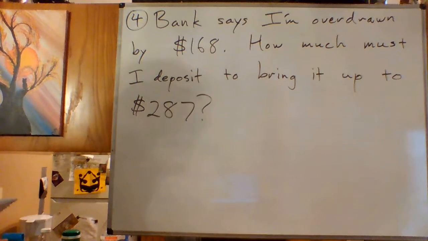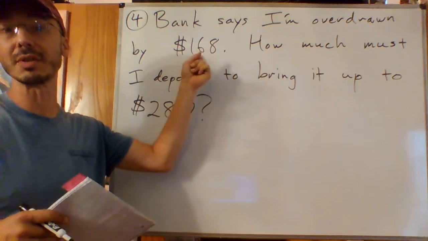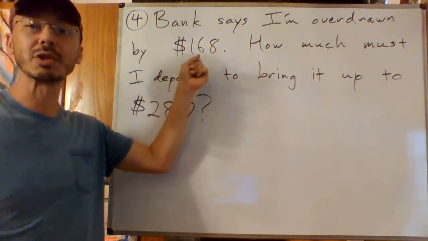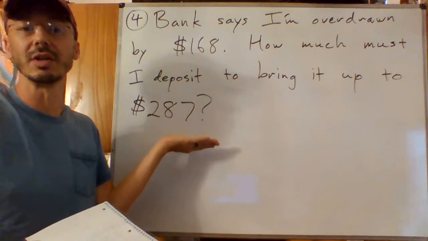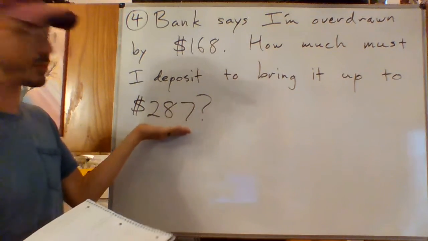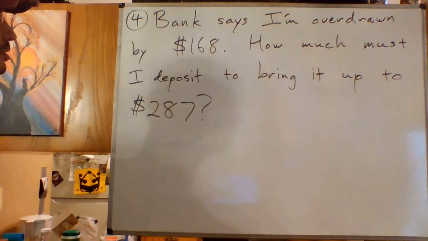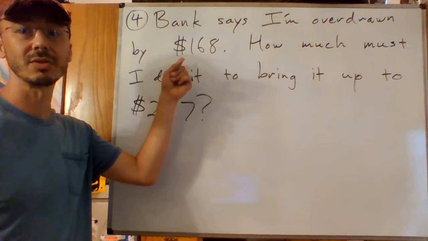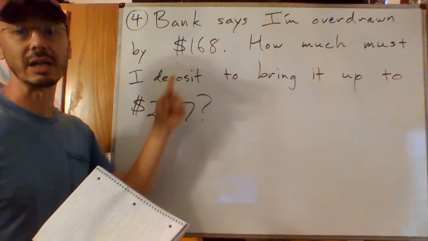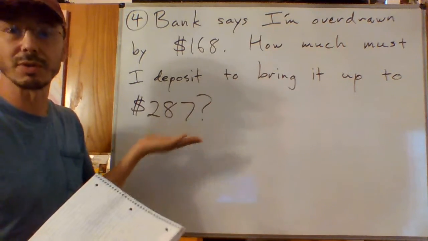So the situation here is that I'm overdrawn this much. I have really negative $168. How much do I need to put in there so my balance will be up to positive $287? Well, one way to think of it is I need to put in that much to get it to 0, and I need to put in that much to get it from 0 up to 287.